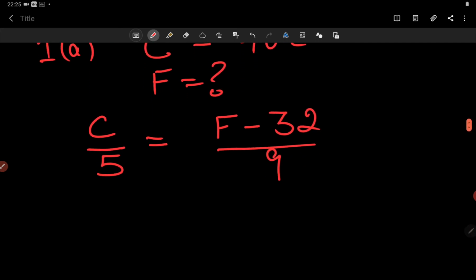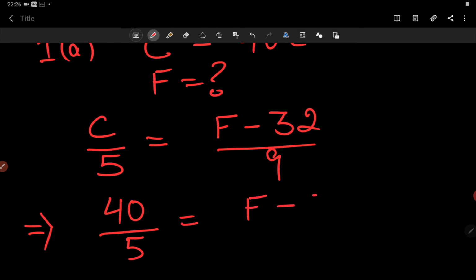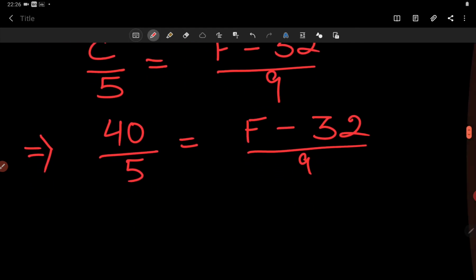Now, let us replace the value of C. Replacing the value of C, we shall get 40 upon 5 equals F minus 32 over 9. I hope you are understanding till here. Then this can be cancelled by 5: 1 times and 5 8 times, right?